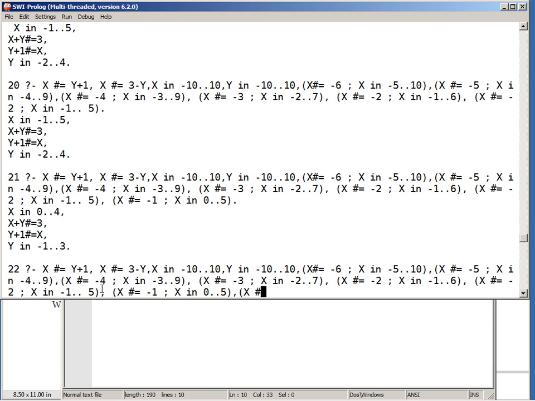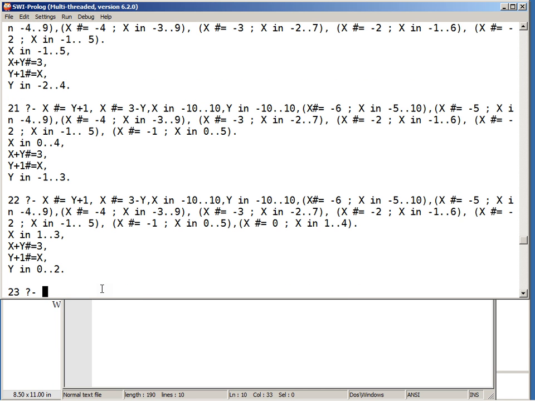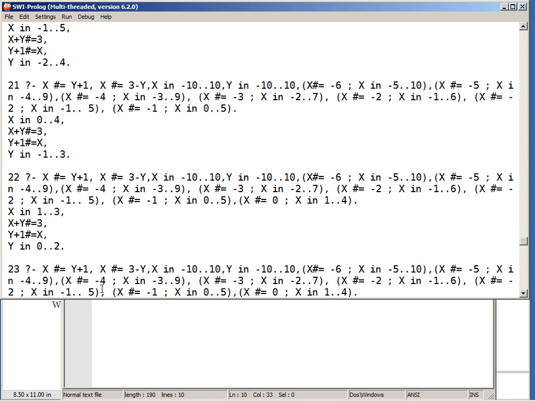X equals 0 or x in 1, 4. And we still haven't gotten to the correct solution. And we won't have to get to a unique value. You'll see that.